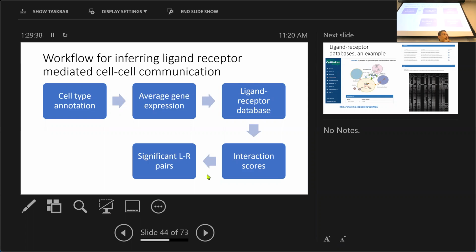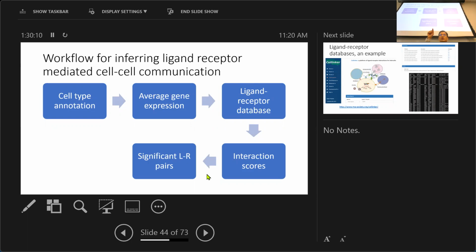Then you compute the average gene expression for all the genes for each cell type. If you have two cell types, that's the simplest situation. You compute the average expression of all the genes in this population, and then you compute the average expression of genes for the other cell type.